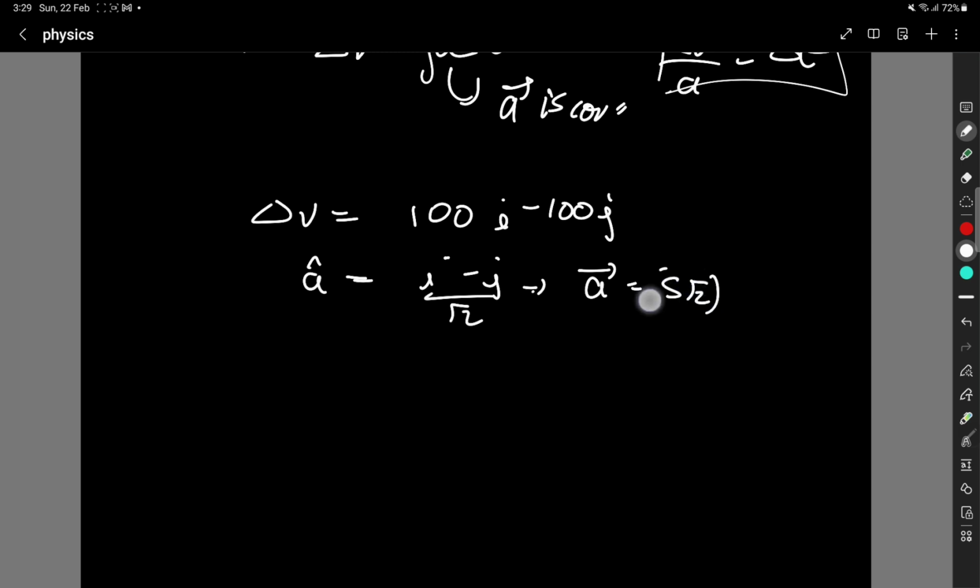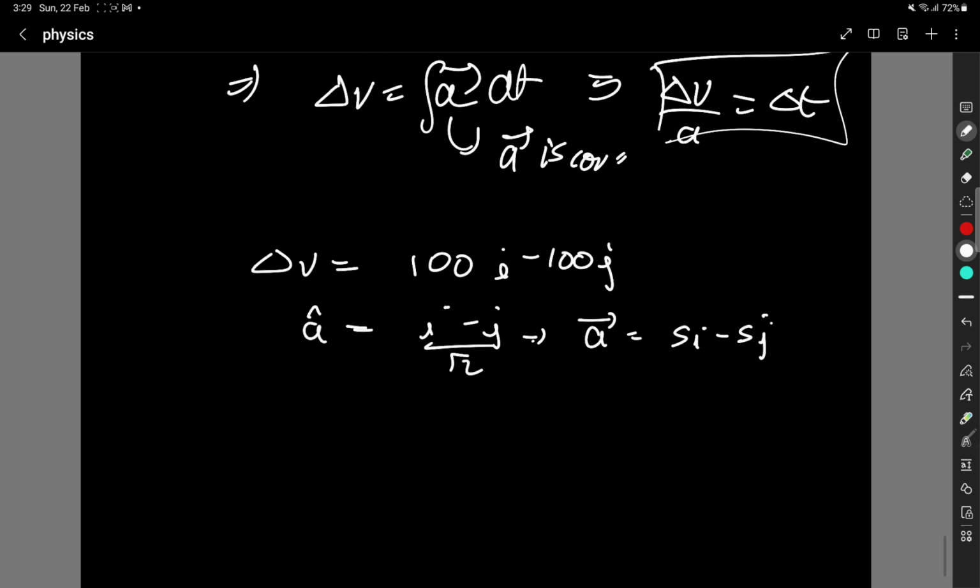This 5 root 2 is 5 times i minus 5j. Delta v and a vector are in the same direction, so time comes out to be 20 seconds. 100 root 2 by 5 root 2.